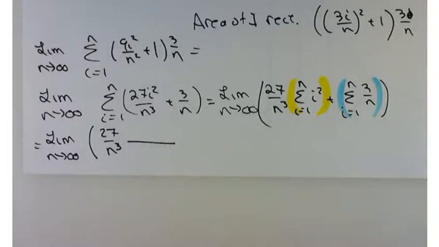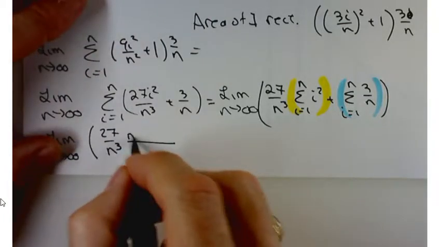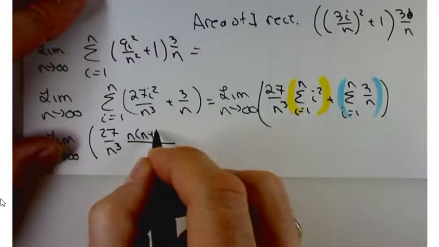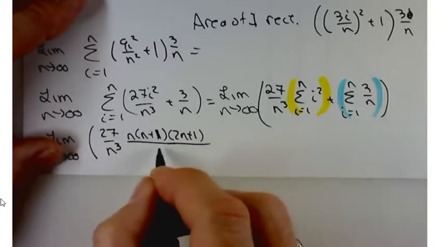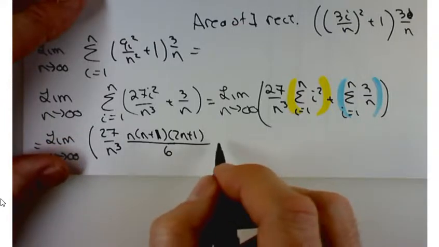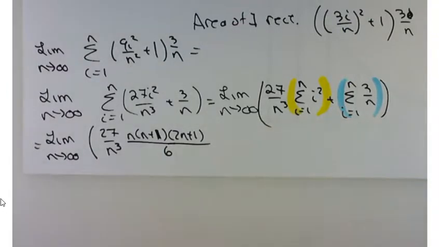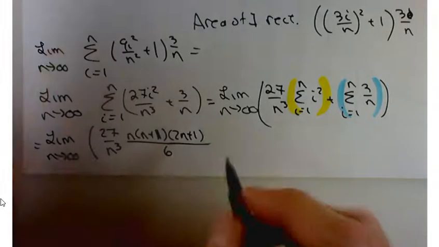And now here, that's a summation that I gave you earlier. That summation was n times n plus 1 times 2n plus 1 over 6. Yay, so I got rid of that. At least now it's looking a little bit more doable.